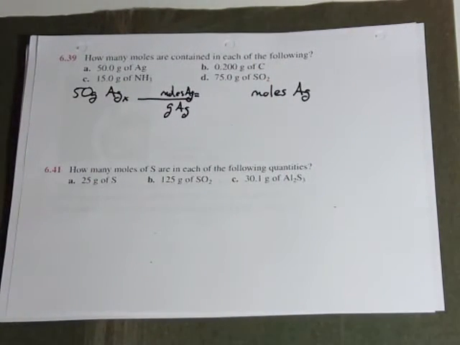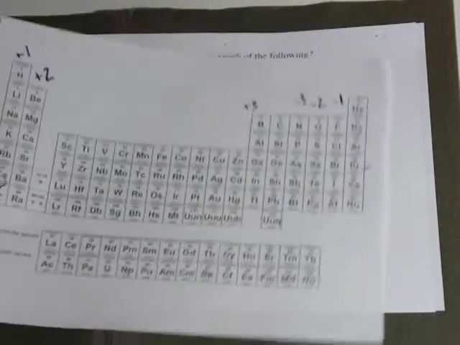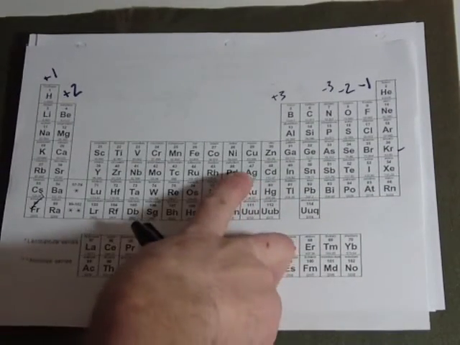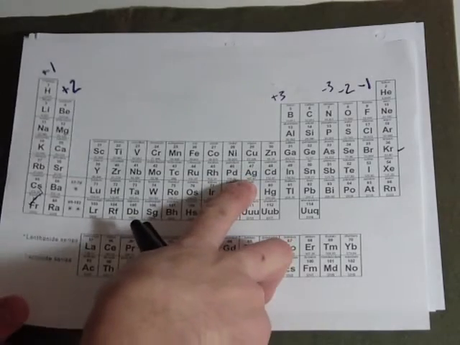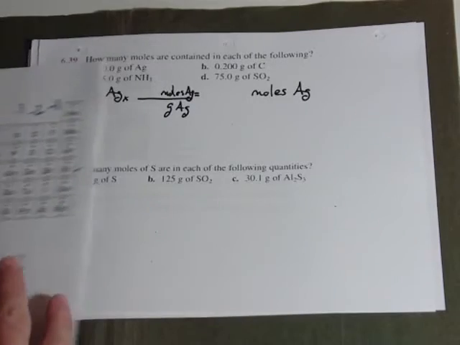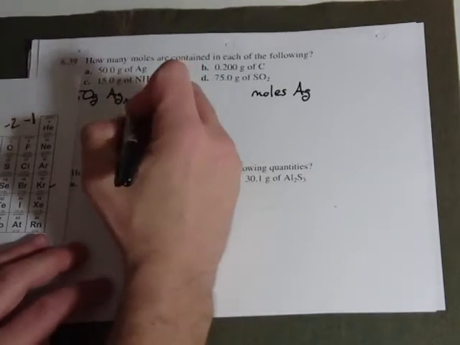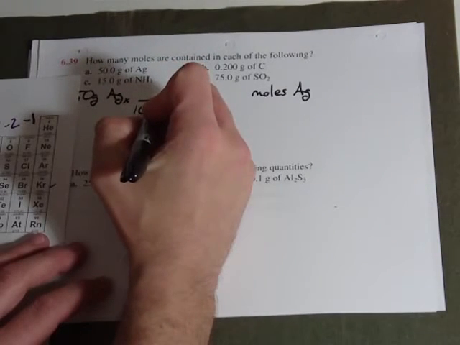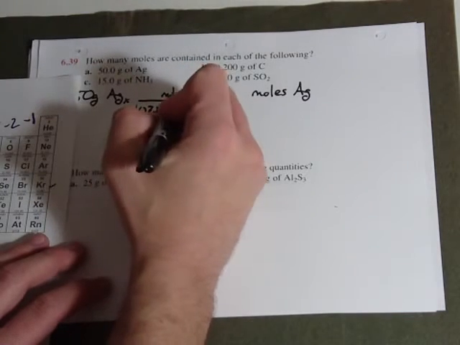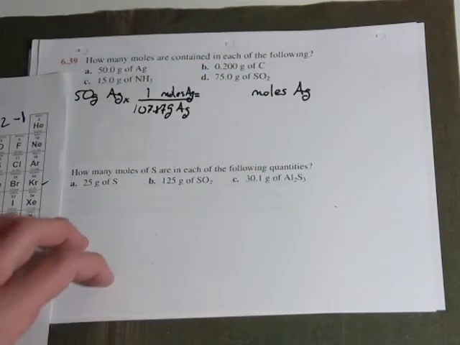And so here we're going to use the molar mass. If we go to our periodic table, we find silver. Silver has the atomic number of 47, and so its molar mass is 107.87 grams per mole. So it's 107.87 grams per 1 mole of silver.